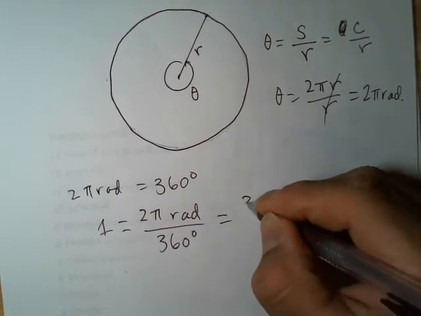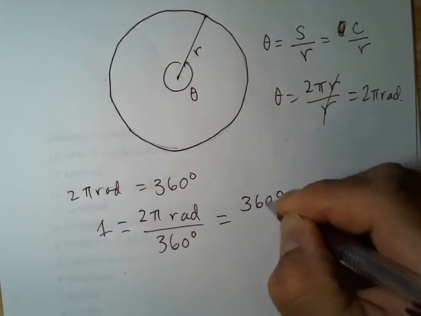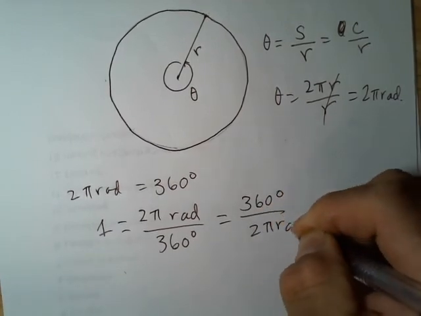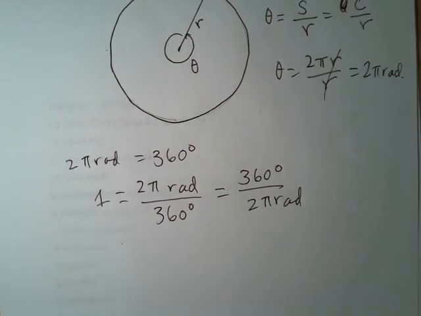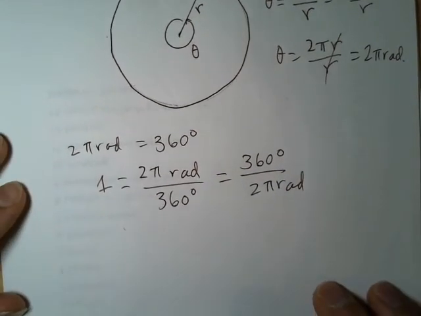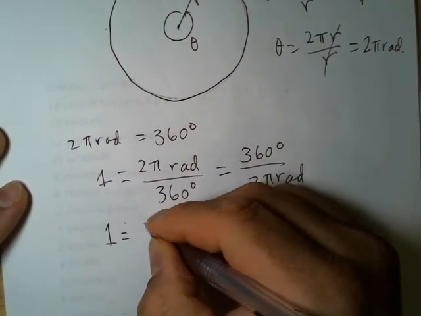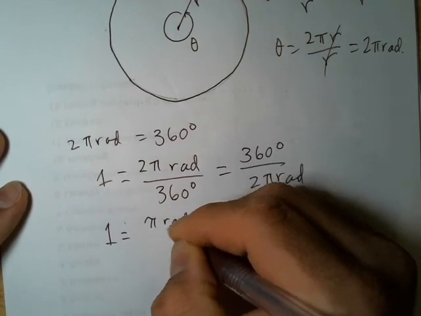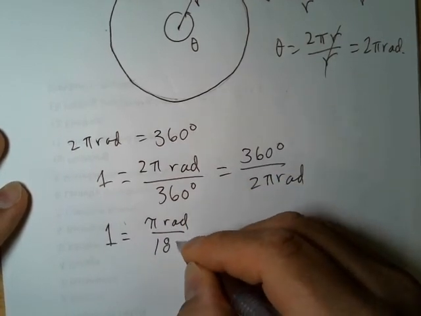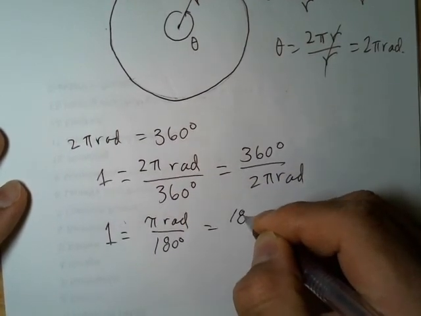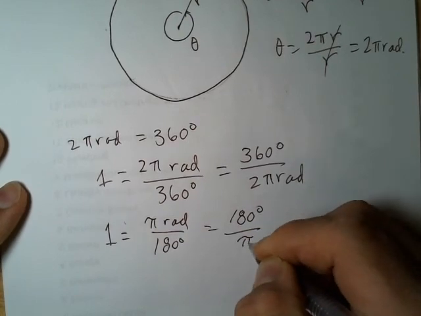That's equivalent to that, depending on what units you're going to and from. You can reduce this also and use the simplified form, pi radians per 180 degrees, or 180 degrees per pi radians.